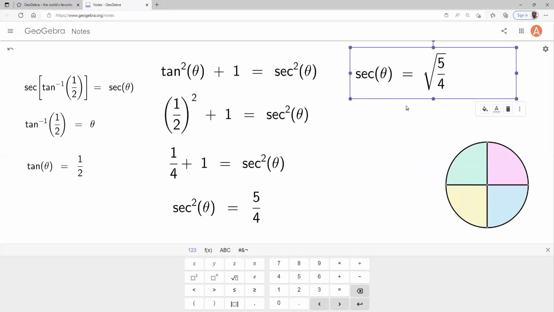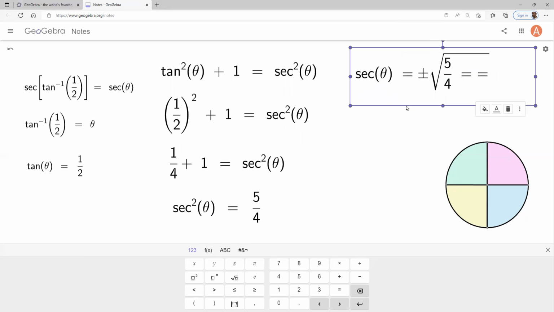Now, the proper way to write it would be this: square root of 5 divided by 2. That's how it's written, or that's the preferred format.